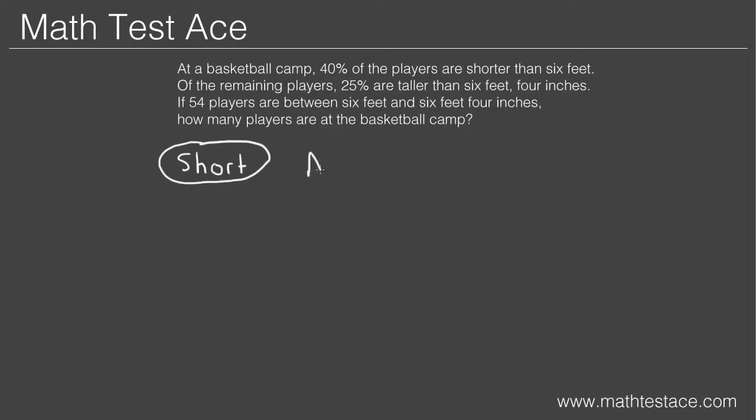We're going to call these the medium group. And our last group is the players who are taller than 6 feet 4 inches. This we're going to call the tall group.